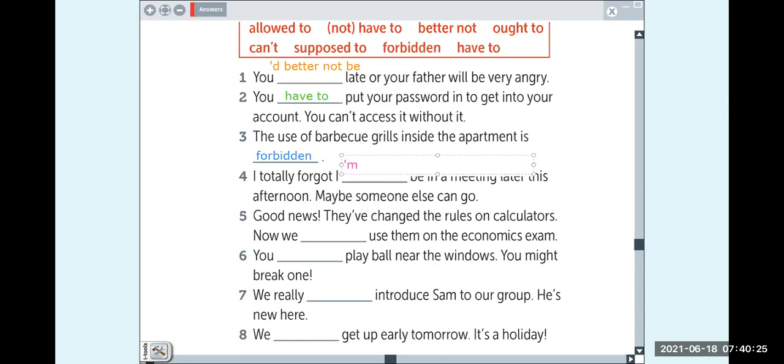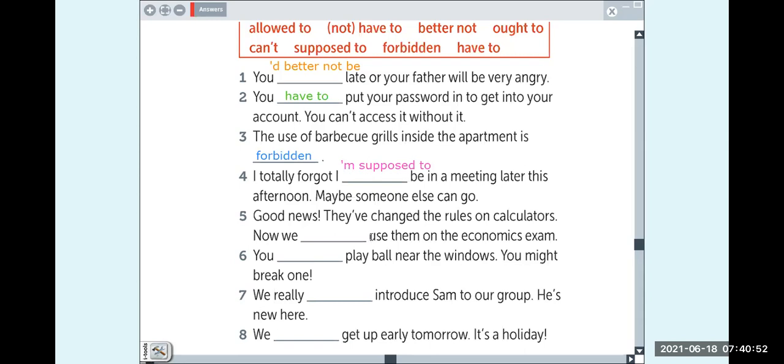Yes, we can use I ought to if it is a personal obligation, but if the meeting is, for example, in your job, it's not personal, right? It's something external. So we are going to write supposed to. I am supposed to be in a meeting later.